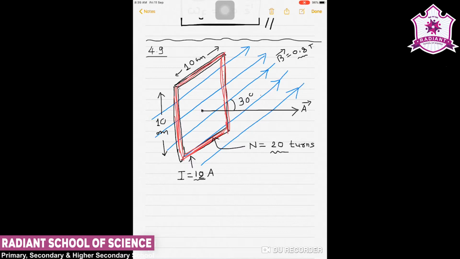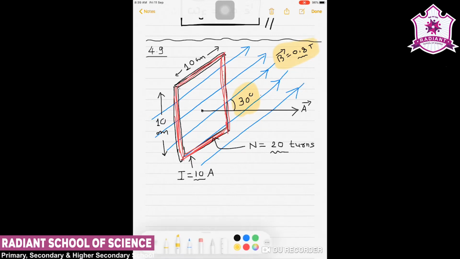Here another magnetic field is also given, about 0.8 Tesla, and the coil makes an angle of 30 degree with it. Now we have to find the magnitude of torque experienced by this coil.